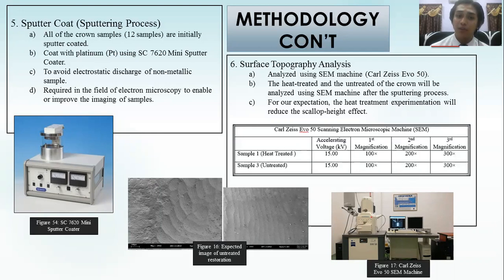For the SEM parameter setting, we decided to capture images of the surface at 3 magnifications: the first is 100 times magnification, the second is 200, and the third is 300 times, as you can see in the table. For our expectation, the heat treatment experimentation will reduce the scallop height effect on the crown surface. Lastly, the comparison between the heat-treated and the untreated dental restorations will be successfully carried out.